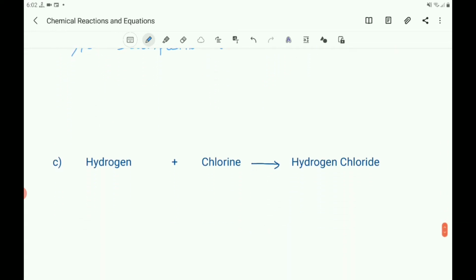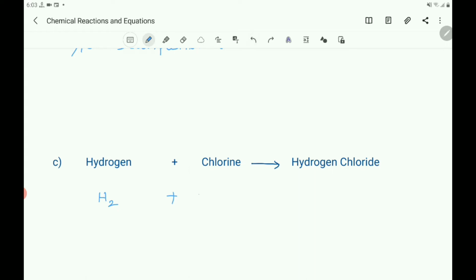Next you come to the third reaction. Hydrogen plus chlorine gives hydrogen chloride. It is a word equation. You write the chemical equation. The symbol of hydrogen is H, and the molecular formula of hydrogen is H2, plus the symbol of chlorine is Cl.